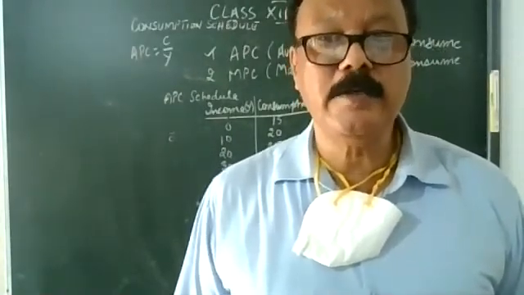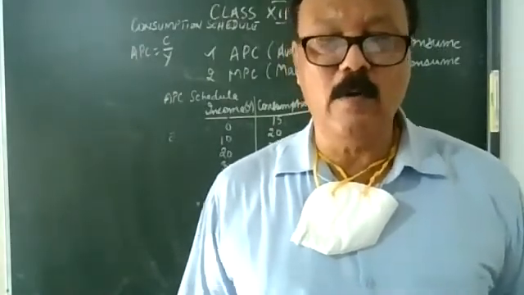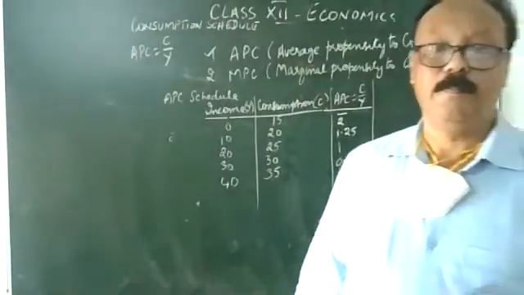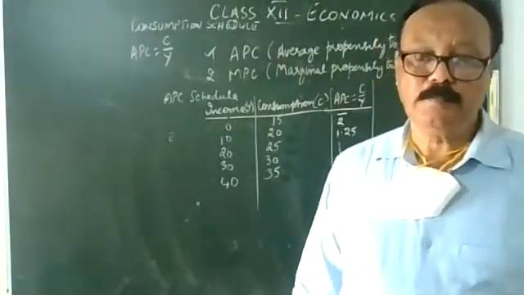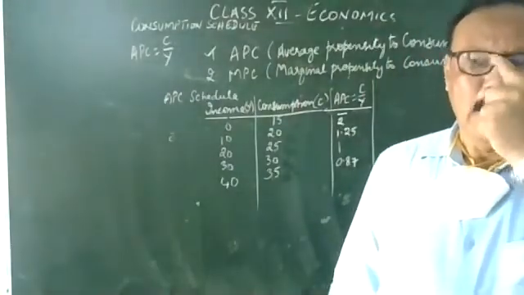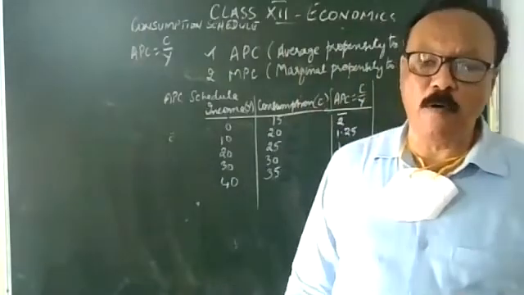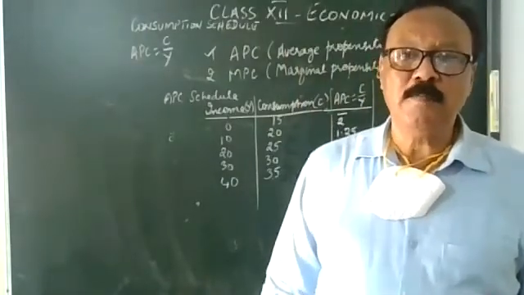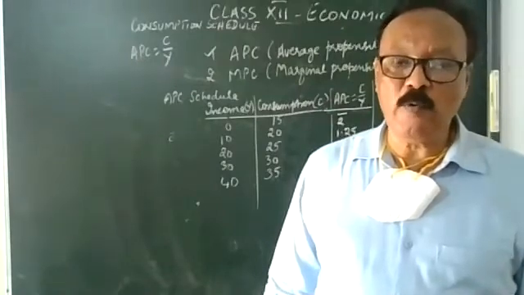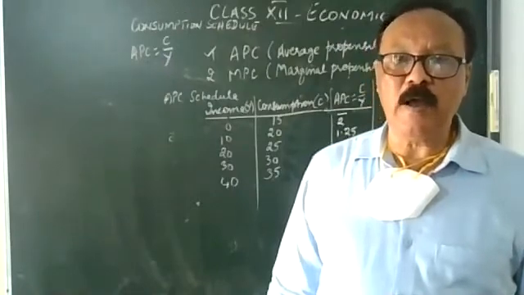And the last point, APC can never be 0 because consumption is never equal to 0 at any level of income.